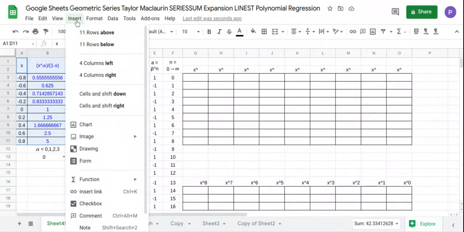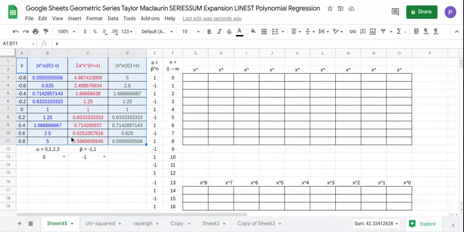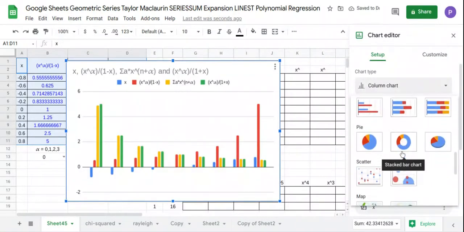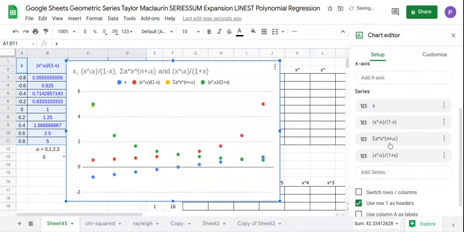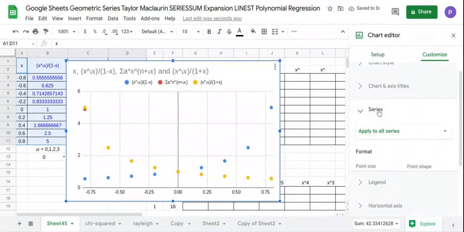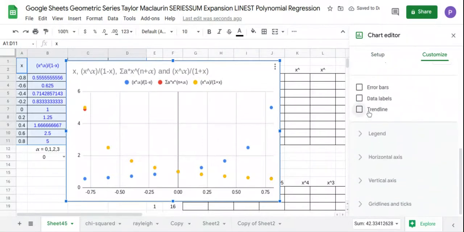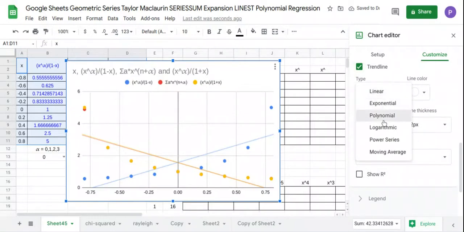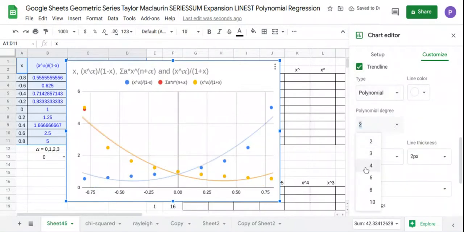Insert chart, and we'll use scatter chart. Use column A as label and show the trend line, polynomial to the 8th degree.